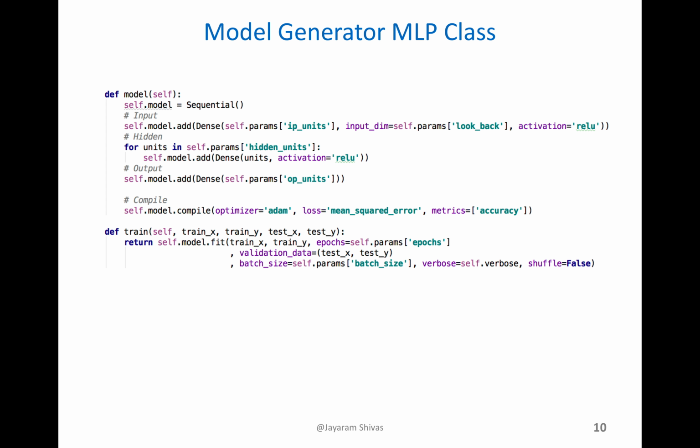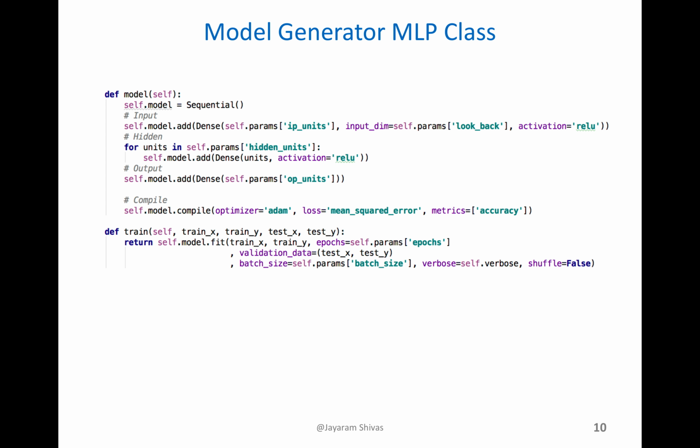I had two subclasses, one for the multi-layer perceptron model and one for the LSTM models. If you look at how I built the MLP class, you can see most of the code is generated on the fly. Your model layers, for example the hidden layers, are generated on the fly based on parameters. The input nodes, the amount of look back on the data, etc., all come in as parameters.